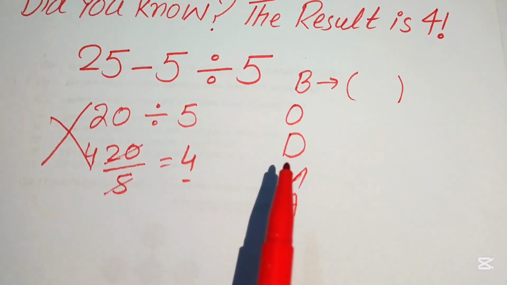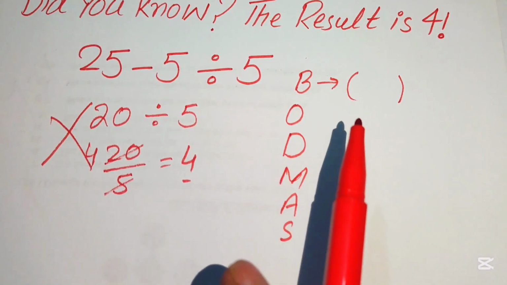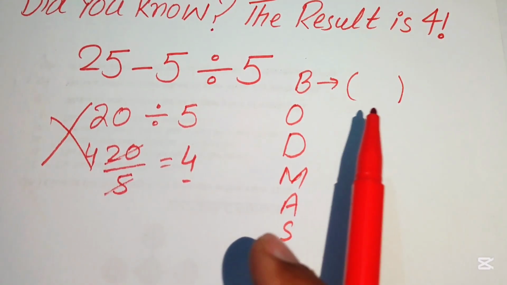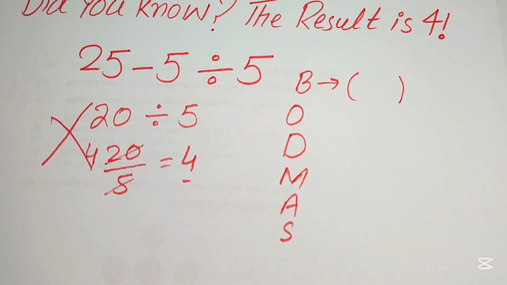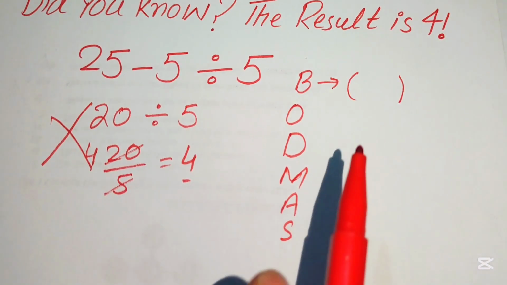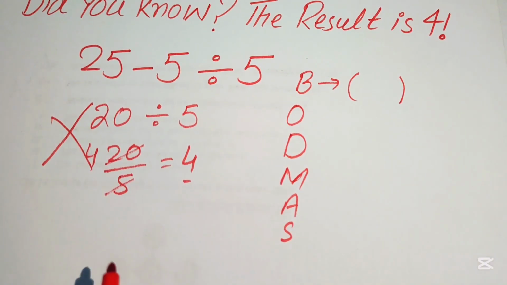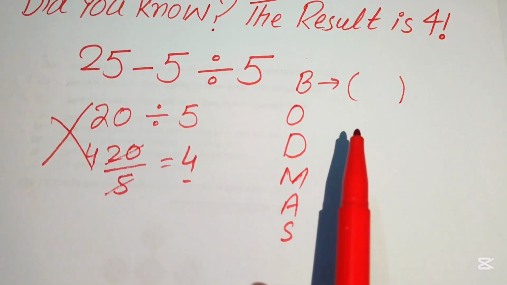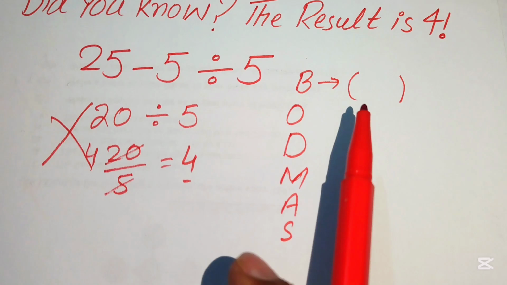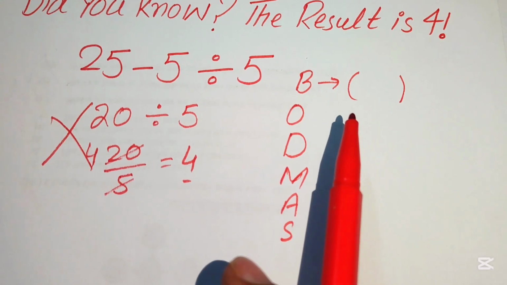If you have some parentheses in the given question, then you can solve these brackets first. You can do the simplification within these brackets. This is the first step.